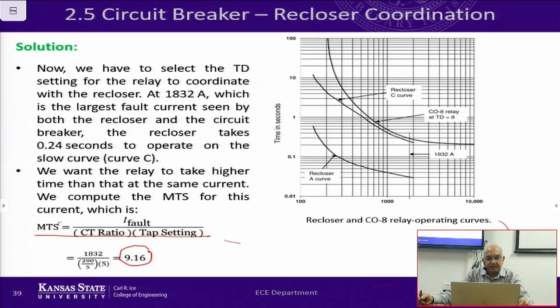And of course, this is the CO8 setting with a time dial of 8. We select that, and we draw the relay characteristics, which is right here. The critical current that we are looking for is 1832. So at 1832 amps, the recloser takes 0.24 seconds to operate on the slow curve right here, right? This is the point right there. So we want to find out what is the difference between the two.